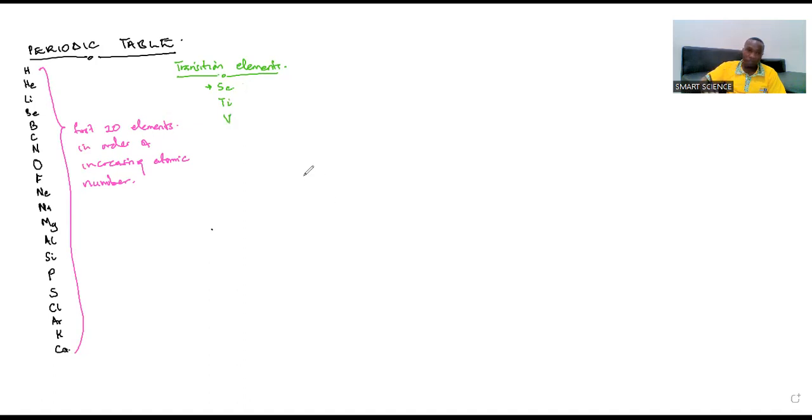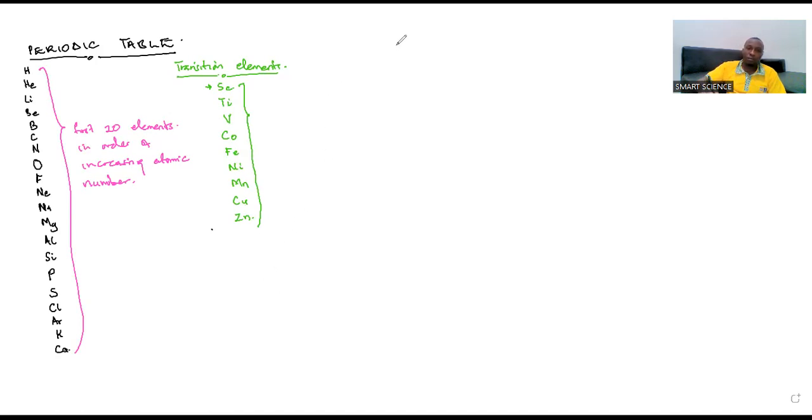We have things like cobalt. We have iron. We have nickel. We have manganese. There is copper. There is zinc, among others. So all these are part of the elements we are going to be calling the transition elements.